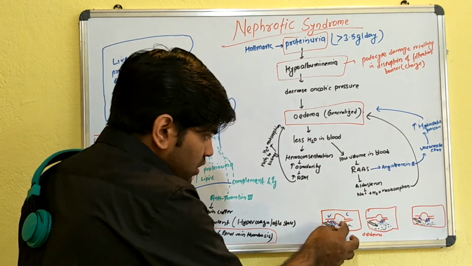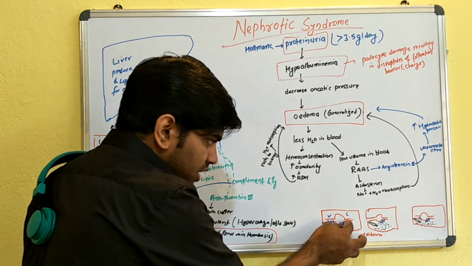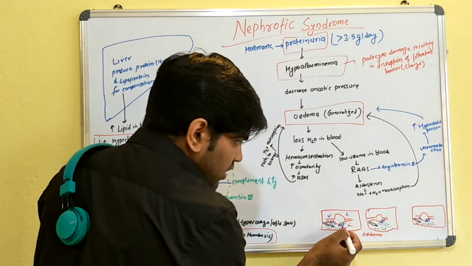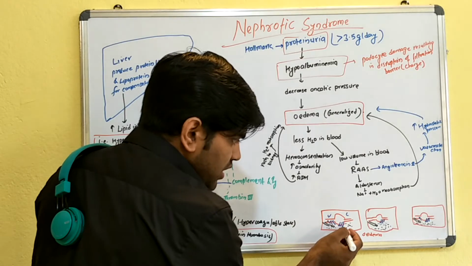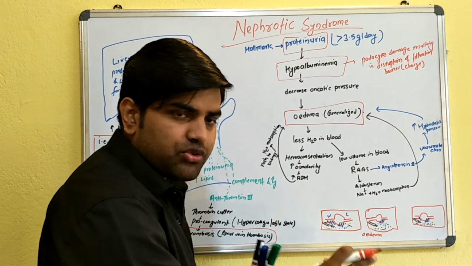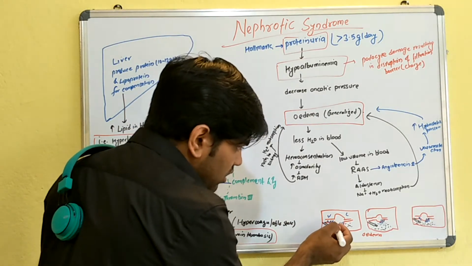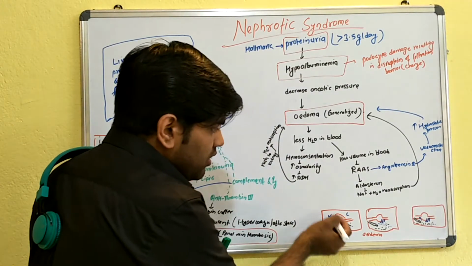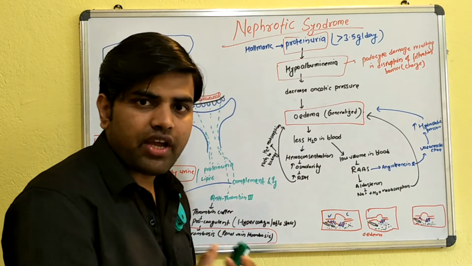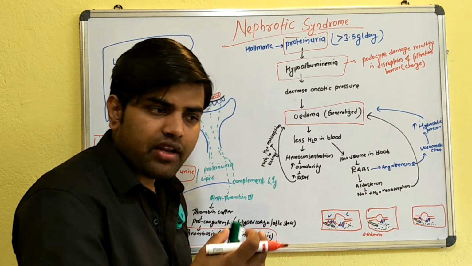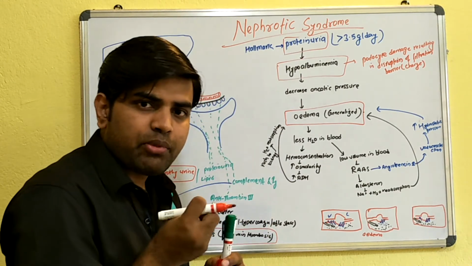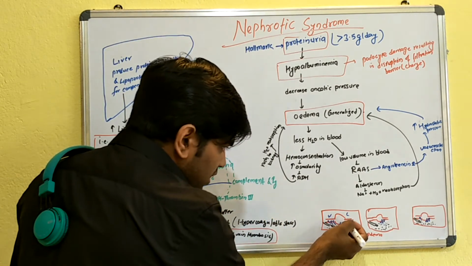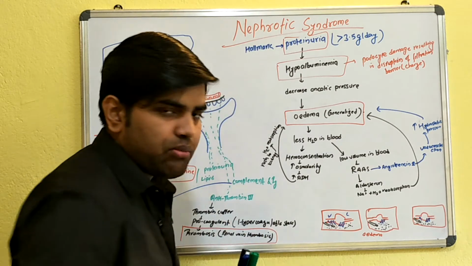Hydrostatic pressure is increased in this portion, so fluid leaks out into the tissue fluid, supplies the nutrition and oxygen, takes back all the waste products, and that is sucked back by the oncotic pressure present in the vein. The protein in the vein creates the negative pressure, the oncotic pressure, which sucks all the fluid that has leaked out from the blood back into the blood.